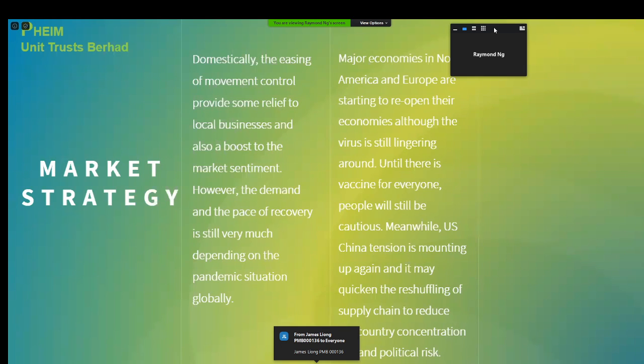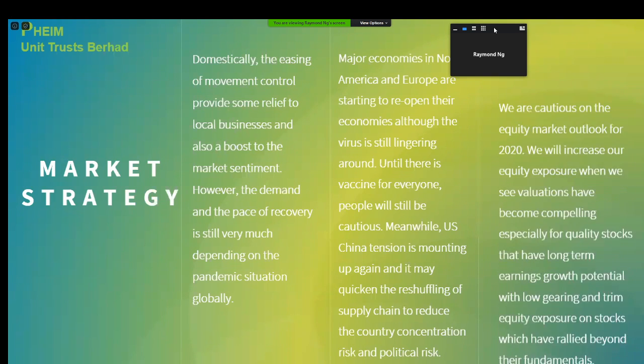However, having said that, I think the demand and the recovery also depend very much globally on how other countries are doing in handling this pandemic. You can see also major economies in North Korea and Europe are starting to reopen their economies. Until the exact vaccine or the drugs is available, I think people are very cautious and are still monitoring the condition. And as you can see, the US and China recently have been poking with each other.